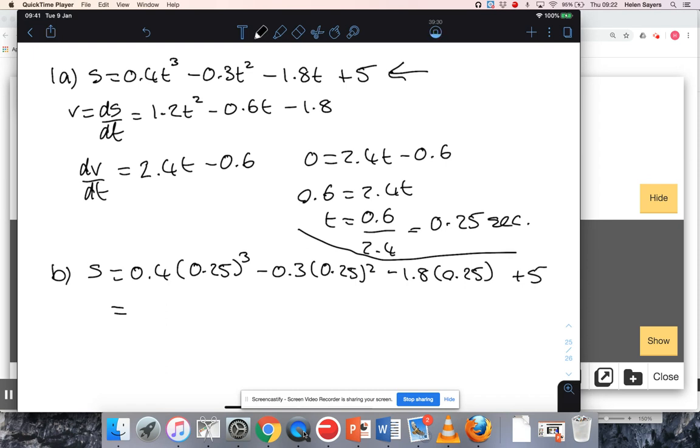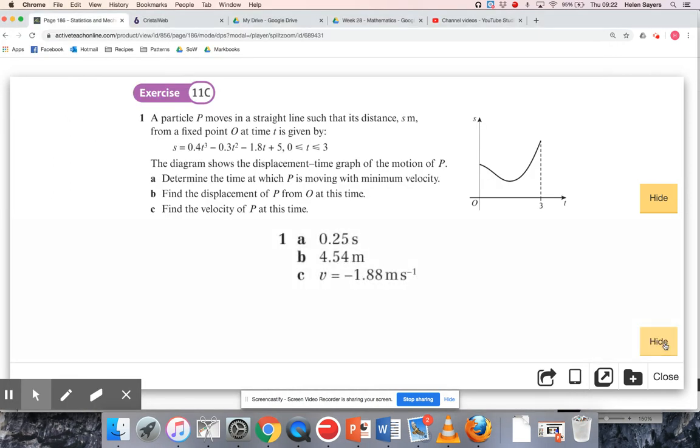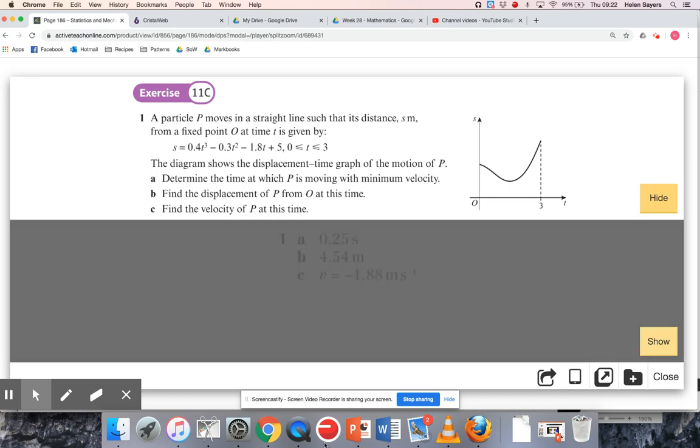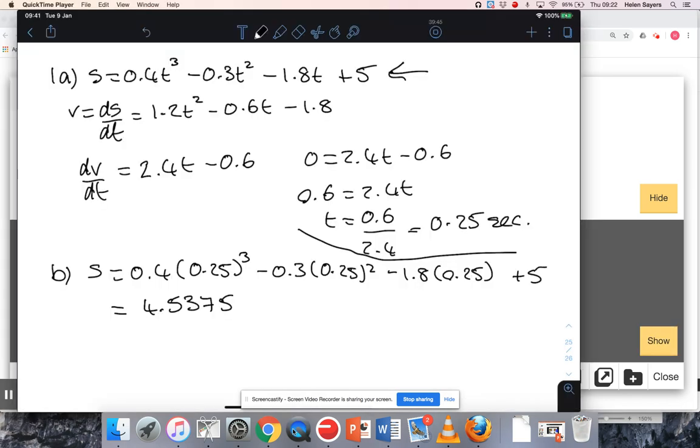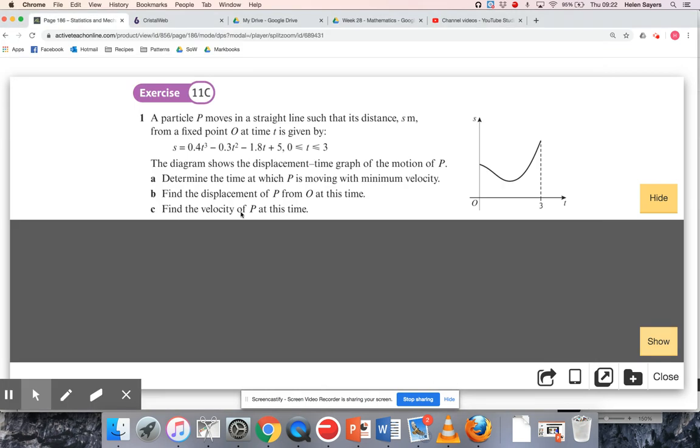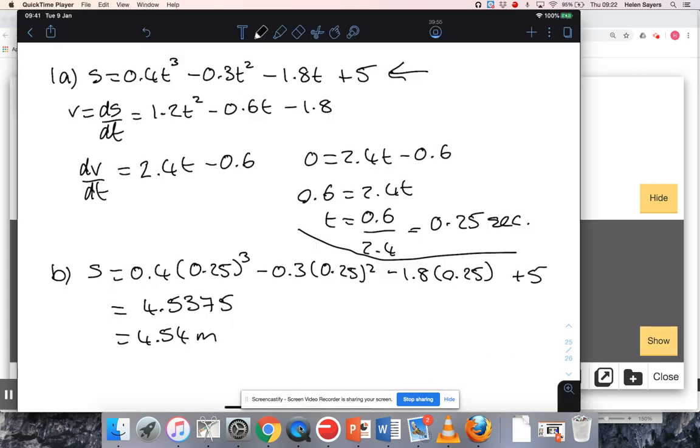I'm getting 4.5375. I'm just going to check that's the right answer, because I might have entered that incorrectly. No, that's fine. So I'll round that to 3 significant figures, and that is the displacement, so that's going to be in meters.